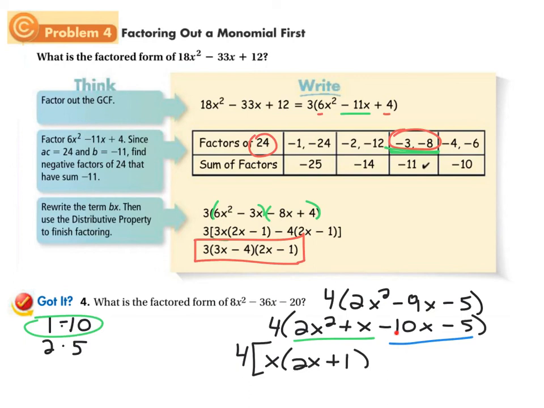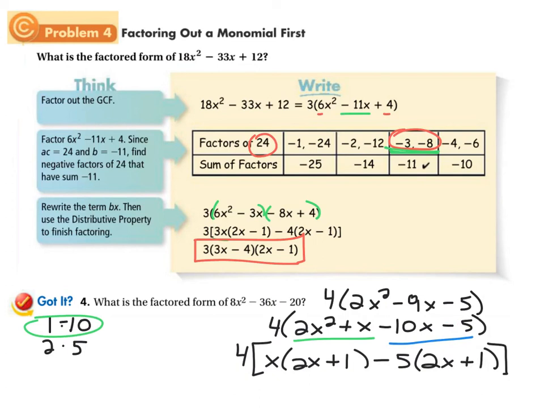Okay. What can we pull out of here? Well, they're both negative numbers. In fact, most importantly, this is negative, so we're going to pull out a negative something, and they're both multiples of 5, so we're going to pull out a negative 5. So I'm going to write minus 5, and then what do we have left when we divide by negative 5? Well, this divided by negative 5 is positive 2x, and this divided by negative 5 is positive 1.